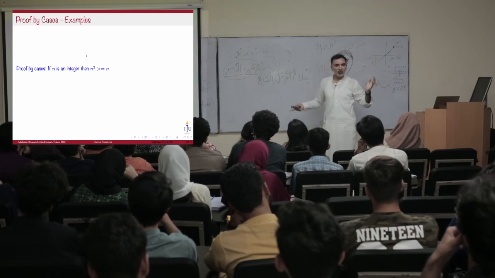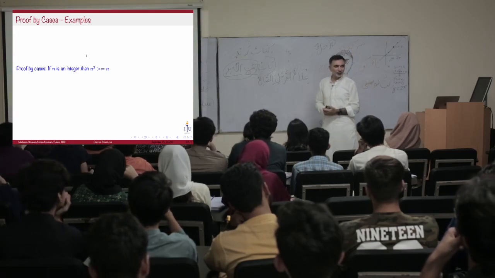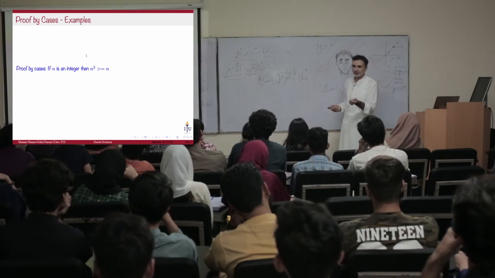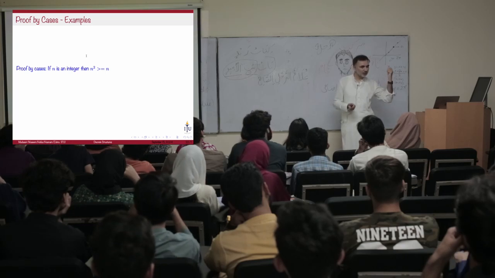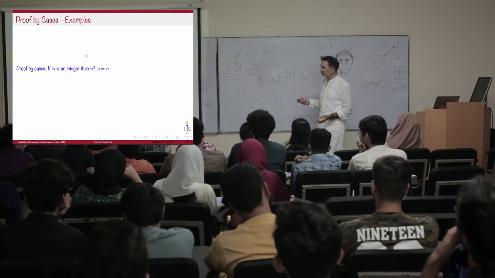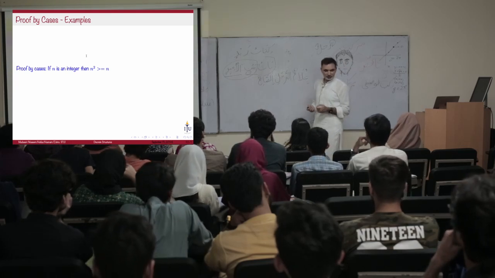So let's try all of them. For all of them the statement is true, so we change our statement. Instead of saying that this statement is true for all integers, I'm going to say this is true for the first 10 million integers.